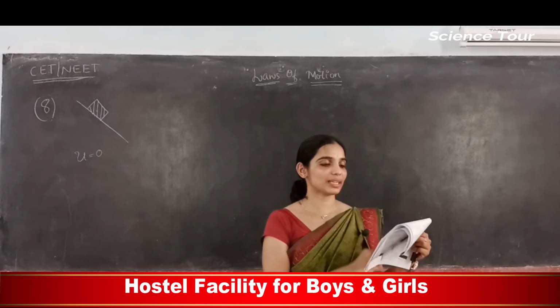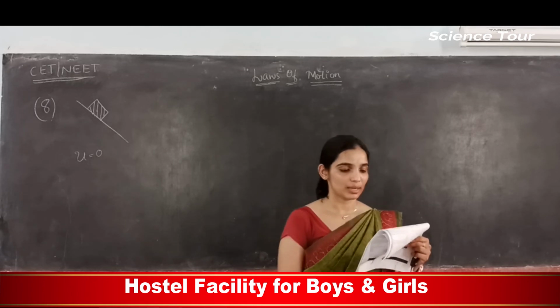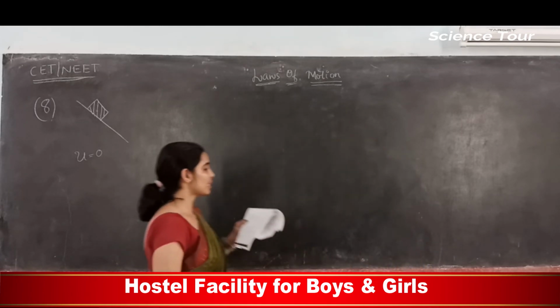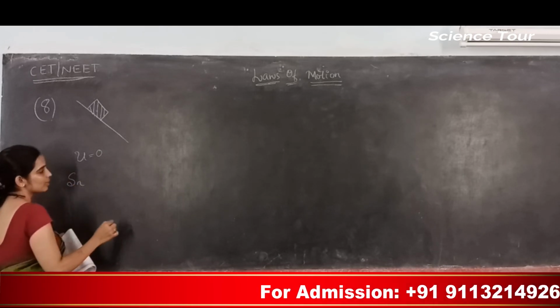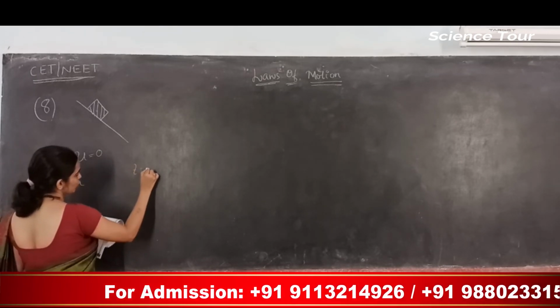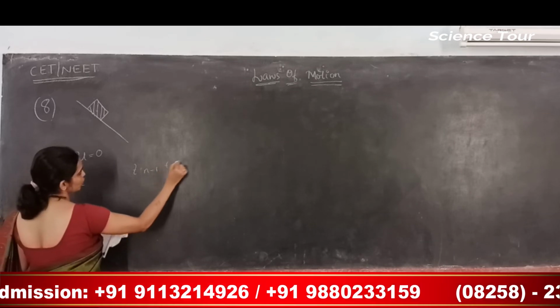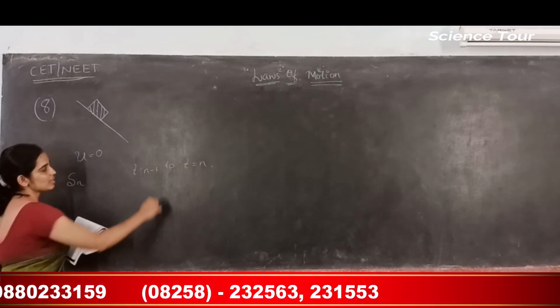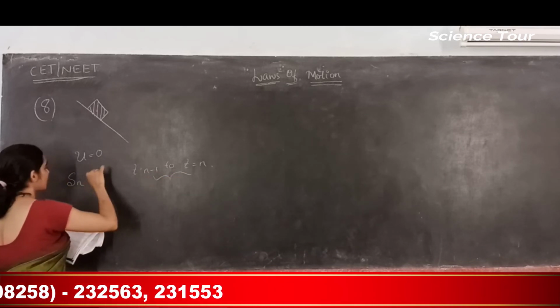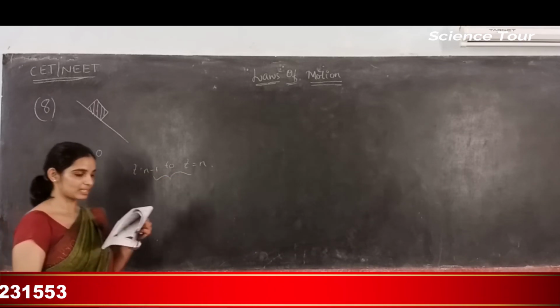Let Sn be the distance travelled from time t equal to n minus 1 to t equal to n. In this time interval, the block travels this distance.